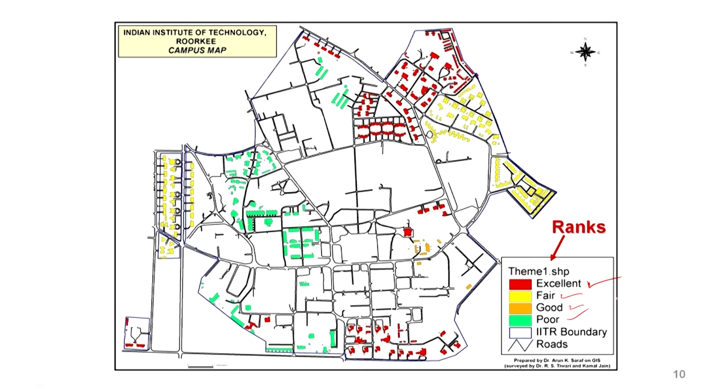It is just for our understanding of how the same map, using a different attribute which has information that these individual buildings can have these 4 types of categories, or ranks, have been given, and therefore I can classify that map according to the ranks. And the ranks here depend on their condition, whether they are in good condition, fair, excellent, poor or whatever.